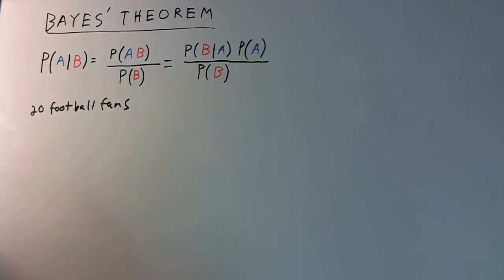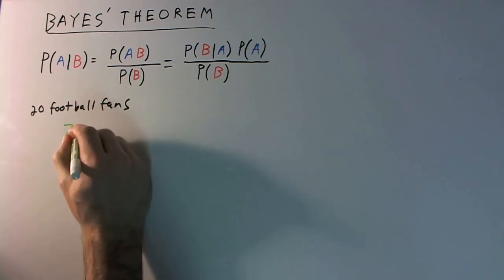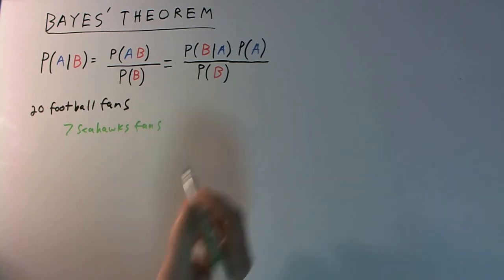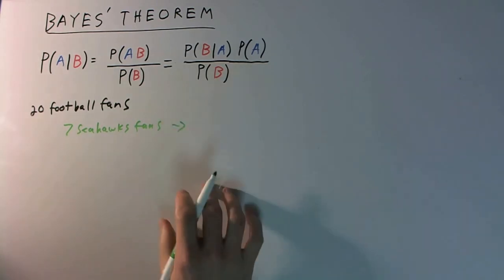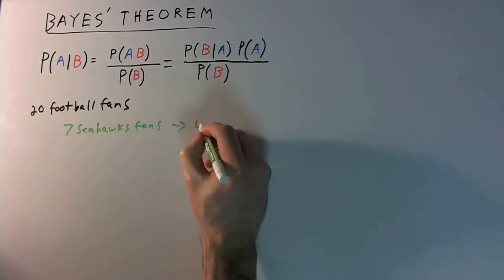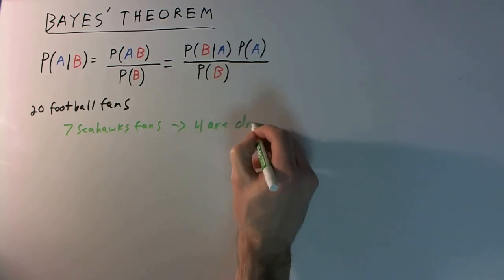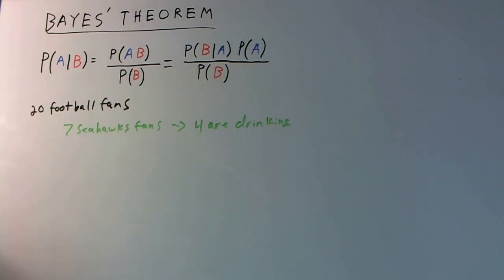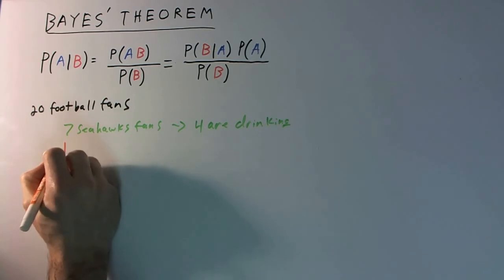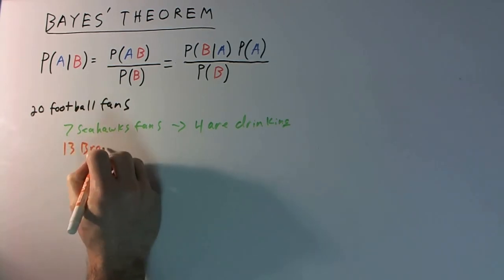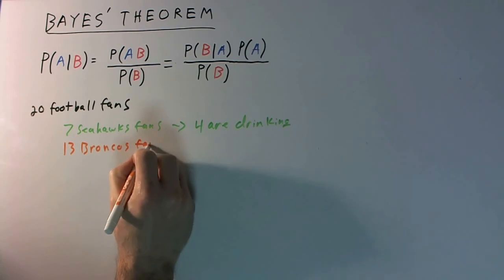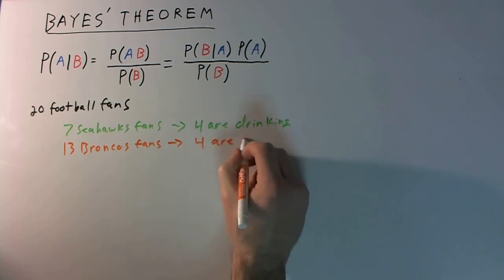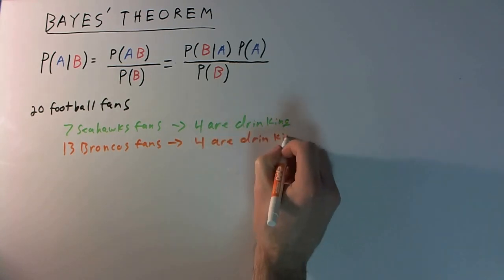So of those 20, 7 Seahawks fans, of which 4 are drinking, right? And then obviously we have 13 Broncos in the bar, right? And of those 13, 4 are drinking, right?